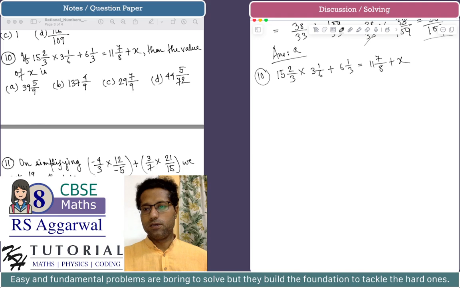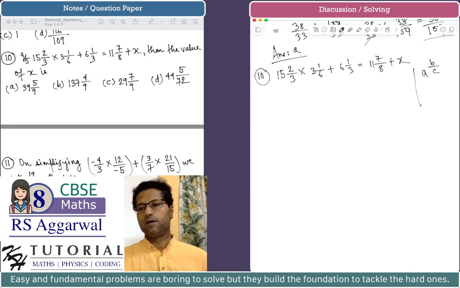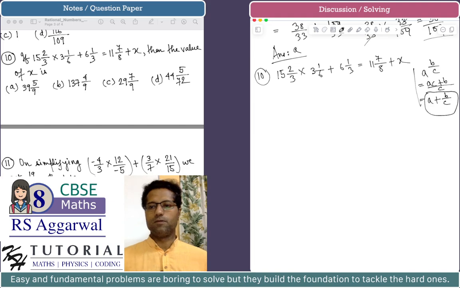Always try to see, if you are given a mixed fraction like a and b by c, do not immediately convert this as ac plus b by c. Do not convert it as a rational number. Always try to see that the mixed fraction a and b by c is also equal to a plus b by c. Also try to see if this thing is helping in solving the problem or not. In this problem I think it will help.